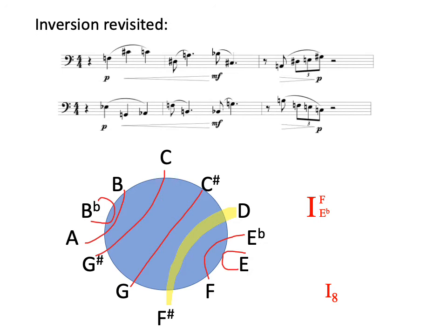F is 5, E flat is 3, 5 plus 3 is 8. C is 0, G sharp is 8. D is 2, F sharp is 6, that equals 8. So we can also get our inversions from that. And chances are I might ask you to show a little bit of facility with both of these on the test a week from Tuesday, meaning today if you're listening on Tuesday.